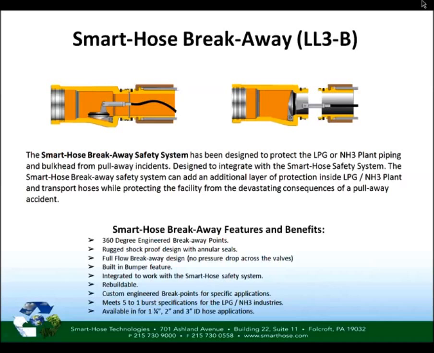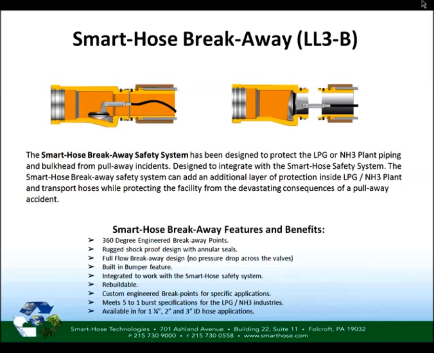Your weak link may now be your truck piping, your bulkhead piping, or your plant piping. This rubber hose is now playing tug of war between your truck or rail car pulling away and your hard piping. So in 2012, we came up with a solution for this hose paradox.